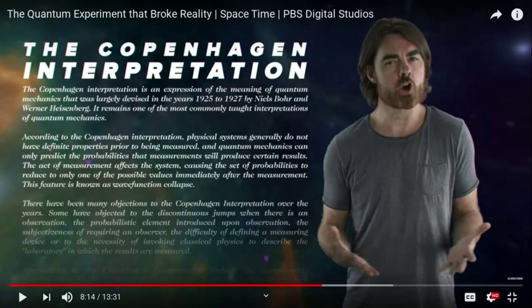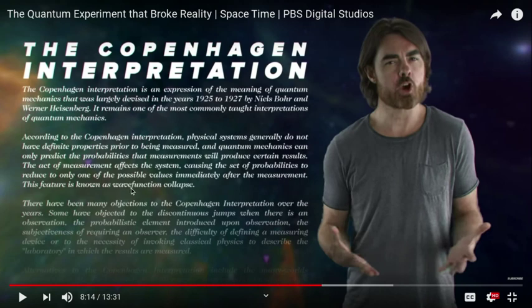But we see the value of the entire wave. We see the value of all the probabilities, not just to reduce to only one of the possible values immediately after the measurement. You're coming up with this after we already are engaging in these measurements in the recon.